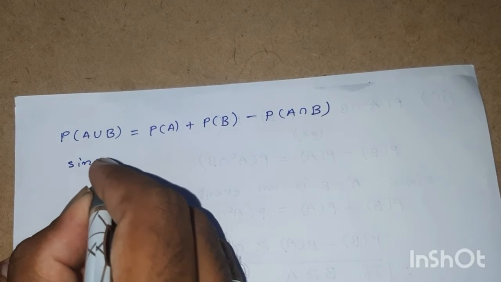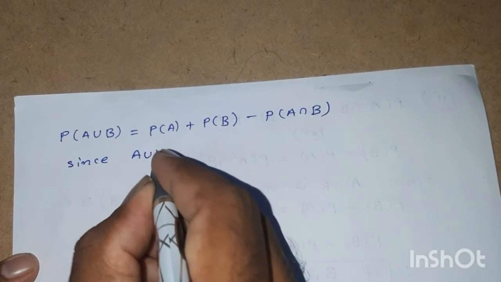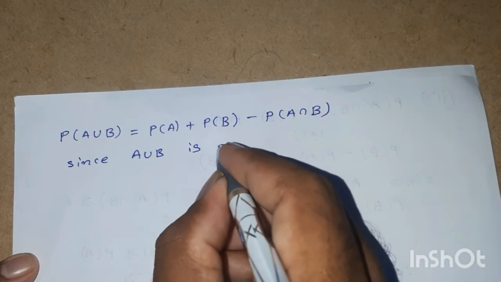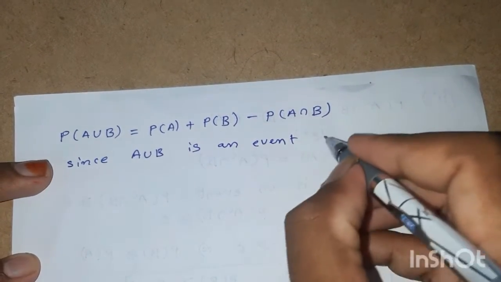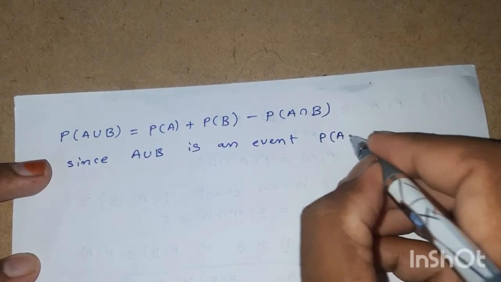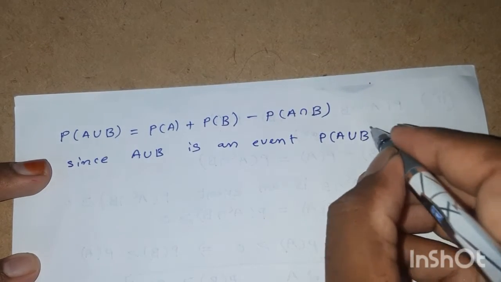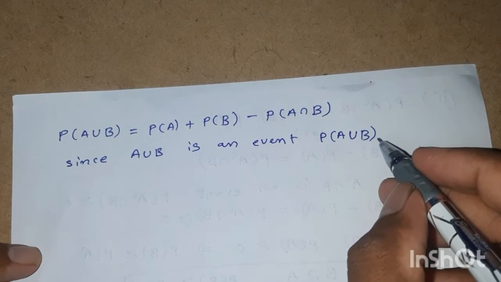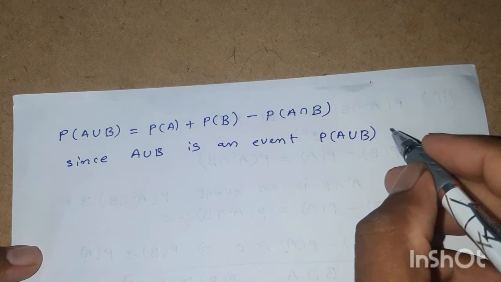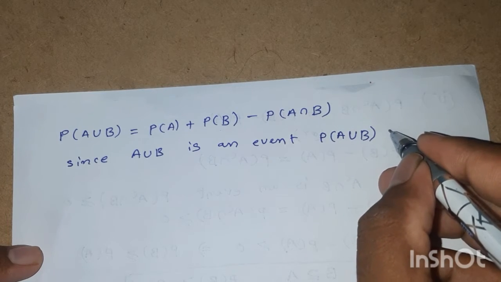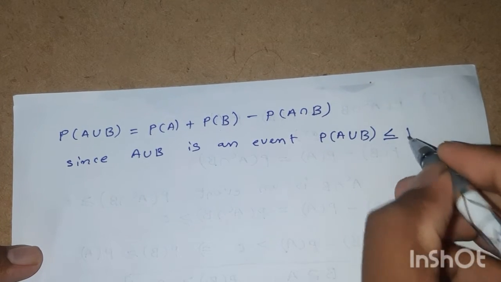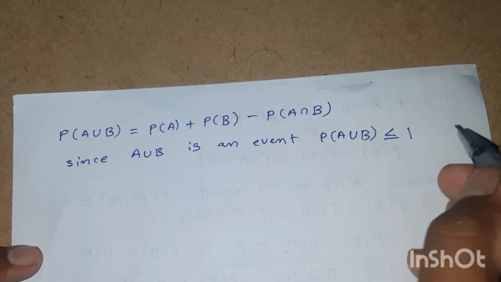Since A ∪ B is an event, by the first axiom of probability P(A ∪ B) lies between 0 and 1, especially it is less than or equal to 1.